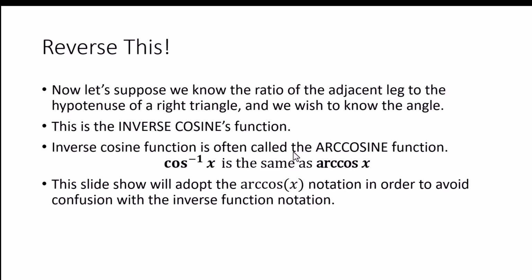Remember that when the -1 superscript is attached to a function name, it represents the inverse. But in order to avoid confusion with the inverse function notation, we are going to adopt the arc cosine notation for this presentation.